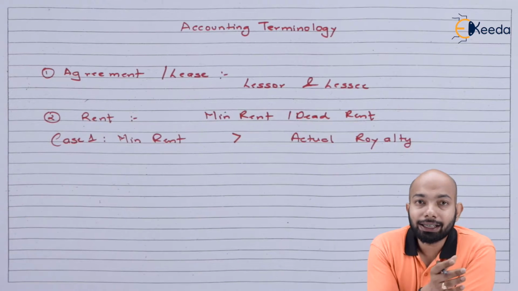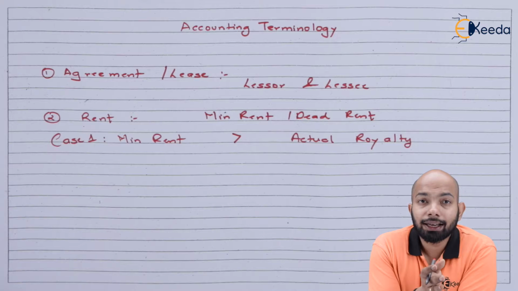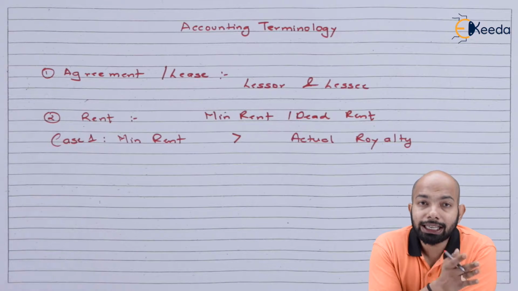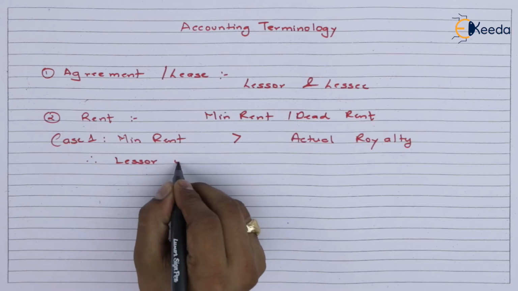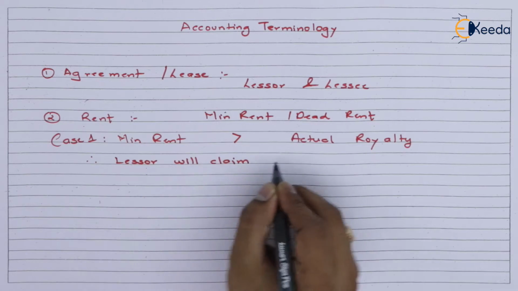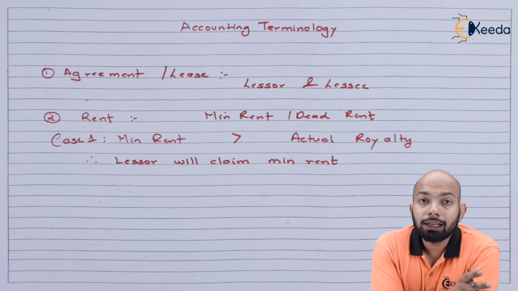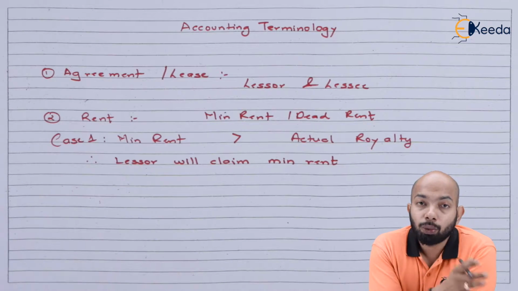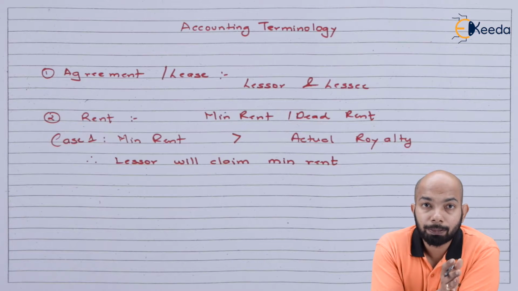That means in any year, if the minimum rent is more than the actual royalty earned, in that scenario, the lessor will claim minimum rent. This is what happens whenever minimum rent and actual royalty are compared.